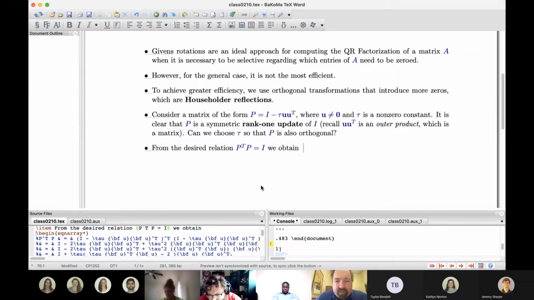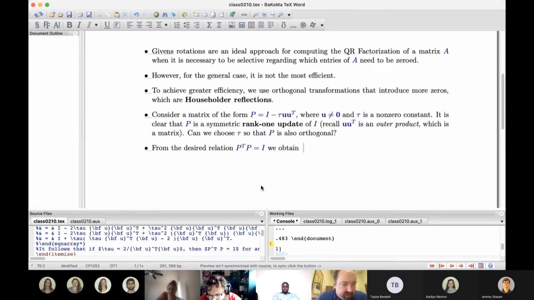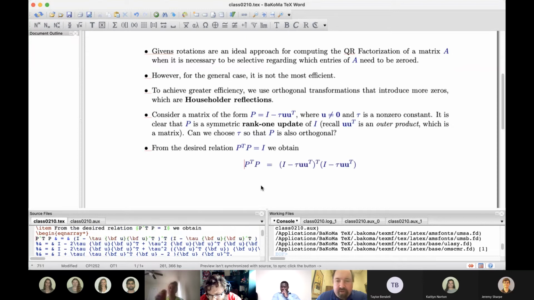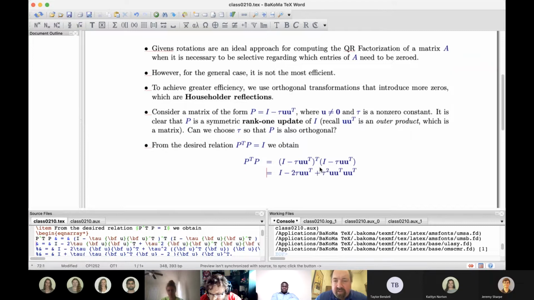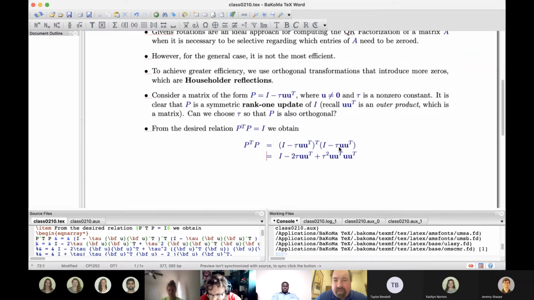So what I do is I fill in this form for P and go ahead and compute P transpose P. So here we're FOILing, and UU transpose is a symmetric matrix.